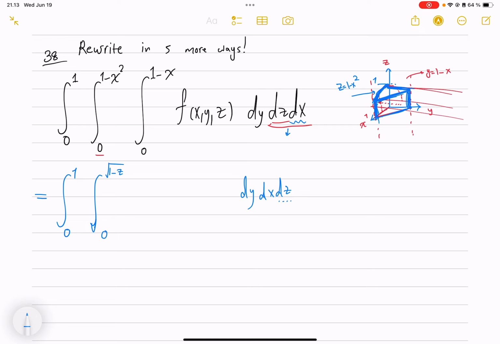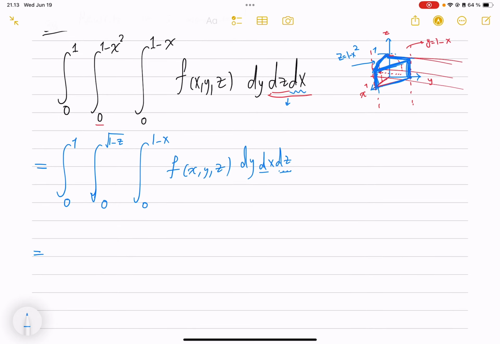So x will go from 0 to that, and the y part isn't changed. So what we did here was only in the projection switch between dx and dz. So we did the same plane projection. So this gives us the 2 ways of rewriting the integral when you look at the projection onto the xz first.